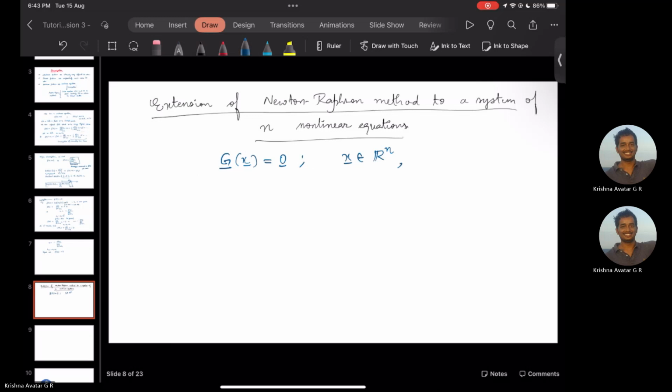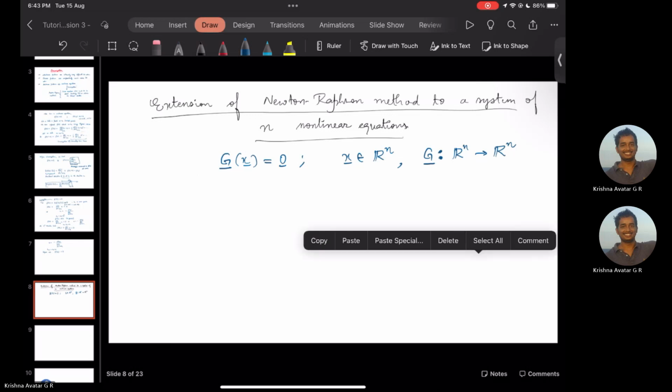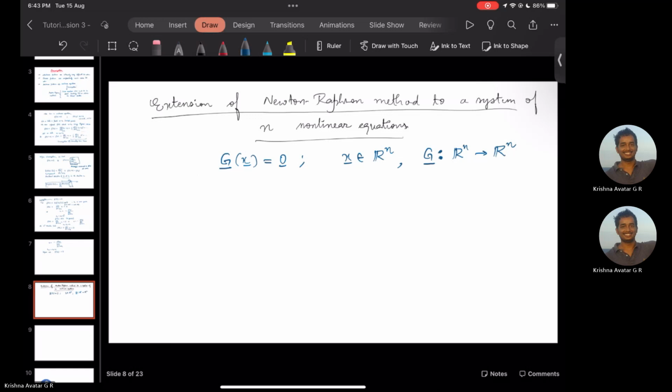That's what I meant to say. And likewise, g here is a mapping from Rn to Rn, because the number of arguments it takes is n, and the number of equations that it produces is also n, isn't it? So this is what I am trying to say here.